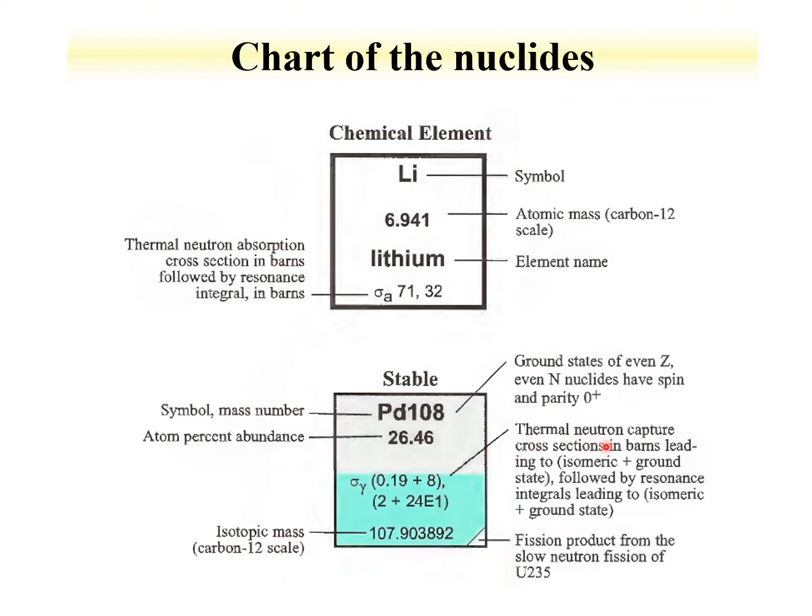The thermal cross-section in barns leading to isomeric and ground state, and the resonance cross-section in barns, isomeric and ground state. This triangle here means that this isotope is produced from the fission, and this is the mass of the isotope. We will describe cross-section in more detail when we discuss nuclear.